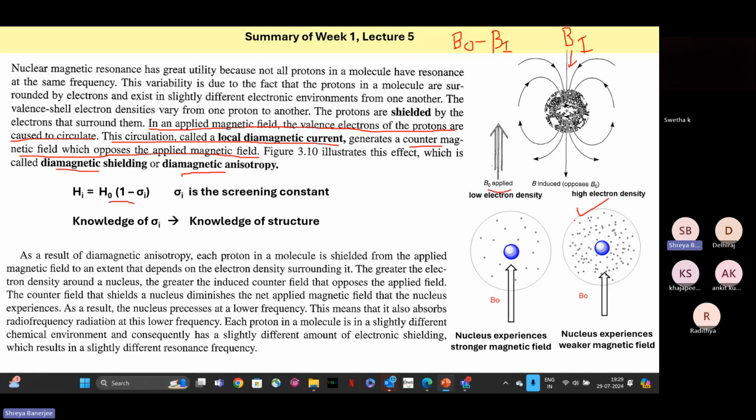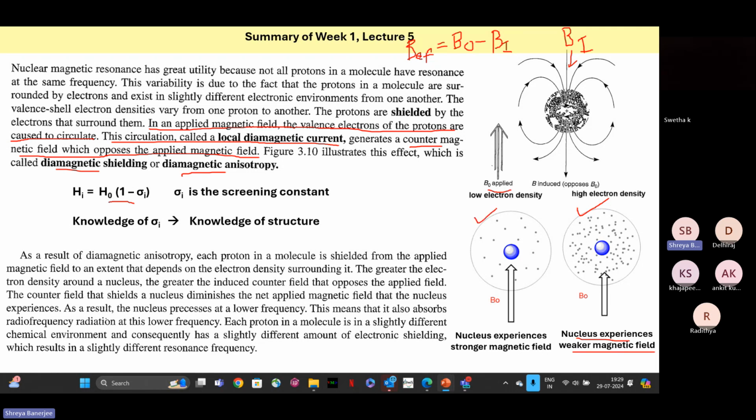If there are more electrons surrounding the nucleus, the current generated by the movement of these electrons will be higher. So the induced magnetic field will be higher. So the effective magnetic field, B effective, that is B0 minus Bi, is lowered. So the nucleus is experiencing a weaker magnetic field.